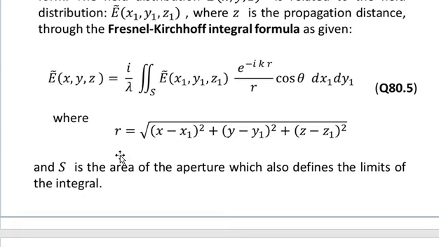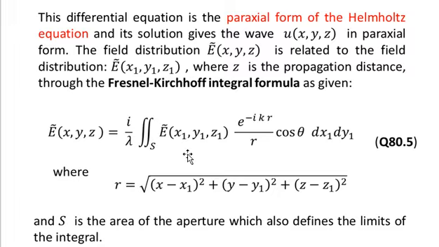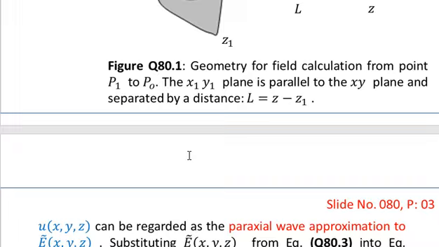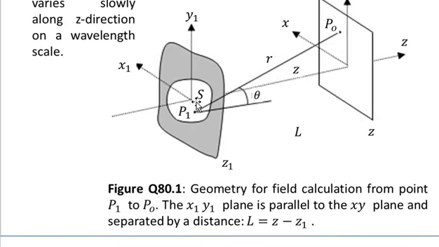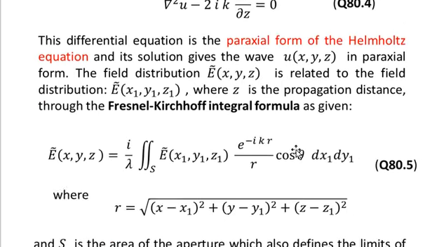So this integral takes care of all the Huygens wavelets in the area capital S, and it sums up the contribution of all the Huygens wavelets from this area S at the point P naught, which is the point of observation.